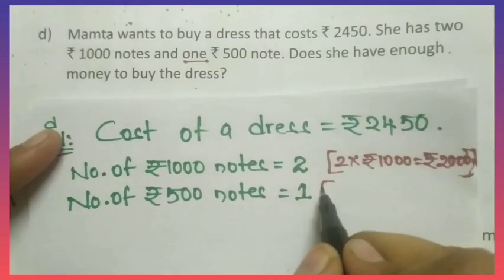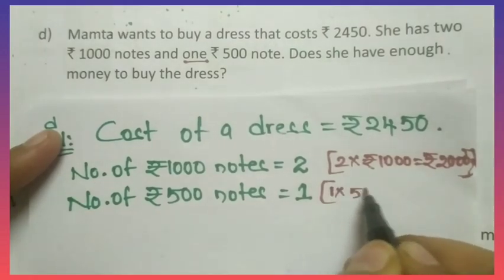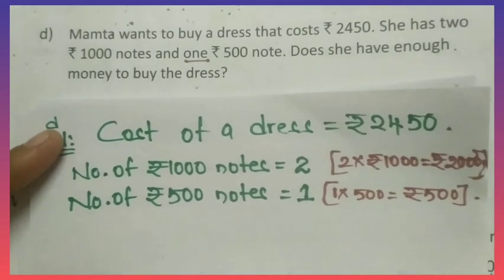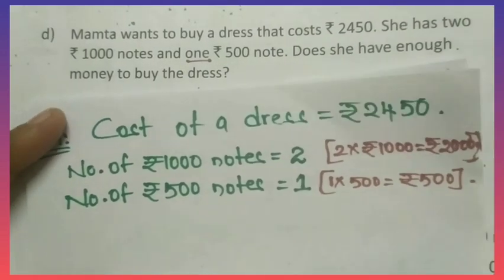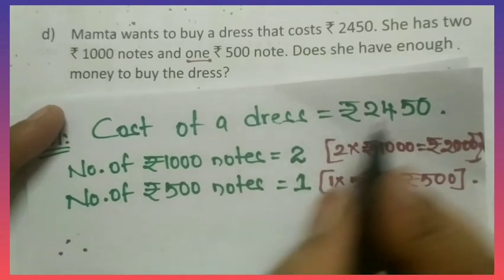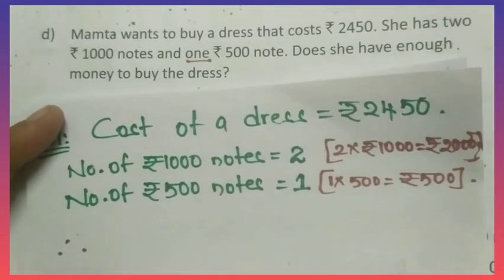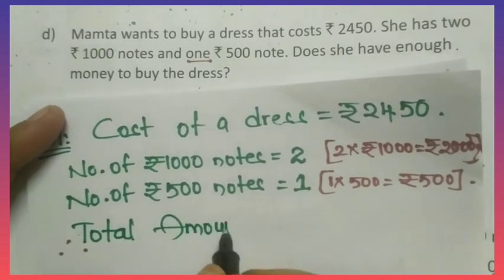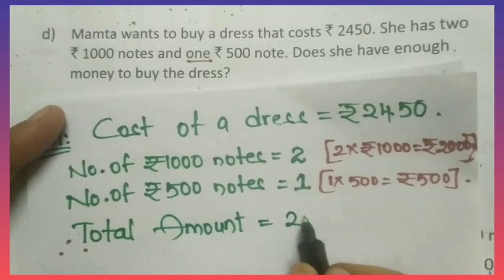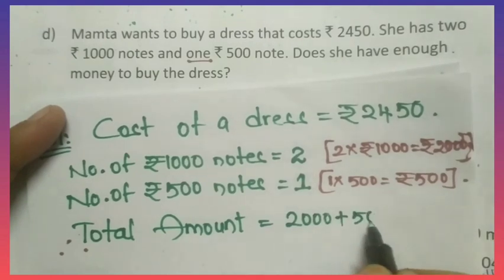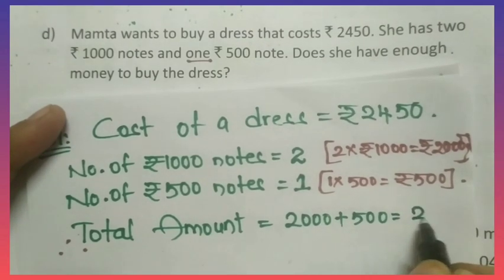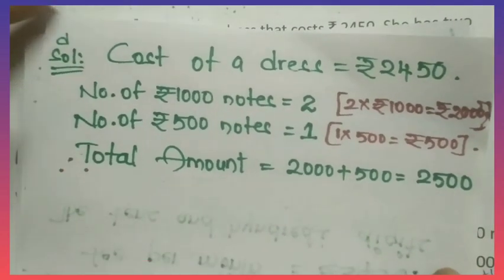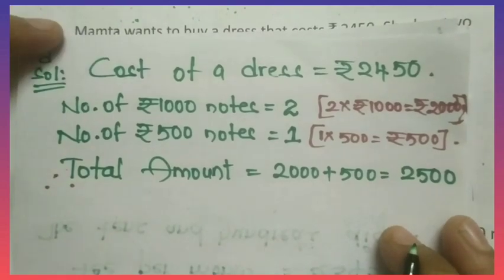Now 500, 1 into 500, so she has 500 rupees. Okay. So how much total amount? This 2000 plus 500. What will we get? 2500. There are 2500 rupees with Mamata.